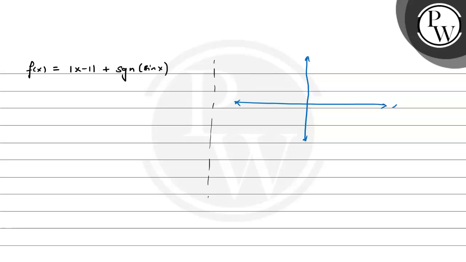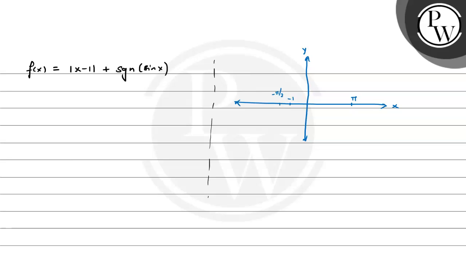So suppose this is the x-axis, here we have the y-axis. Our concerned interval is -1 to pi. Here somewhere is -1, here somewhere is minus pi by 2, and pi will be somewhere around here. Now -1 is not in our domain, so the function is not defined here.